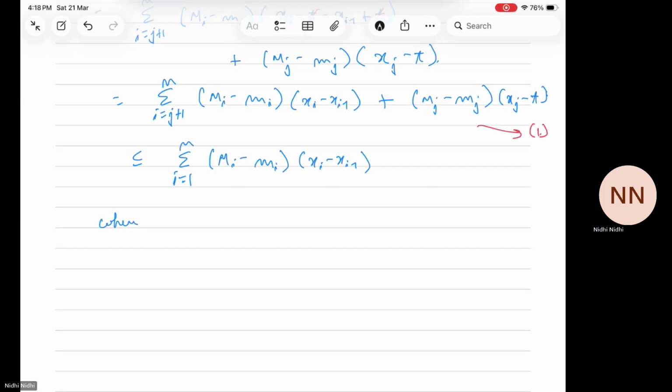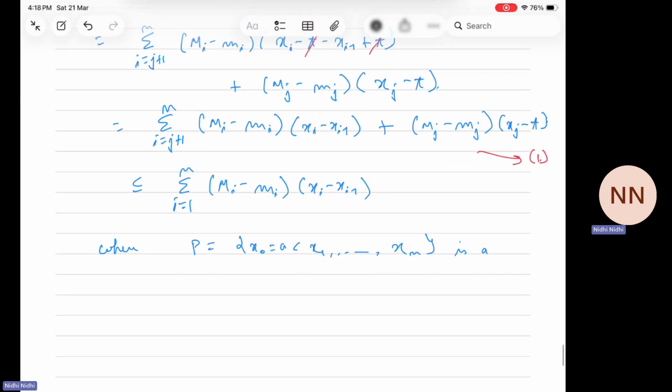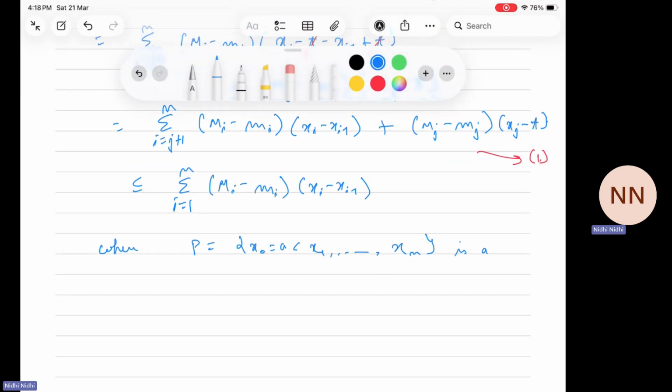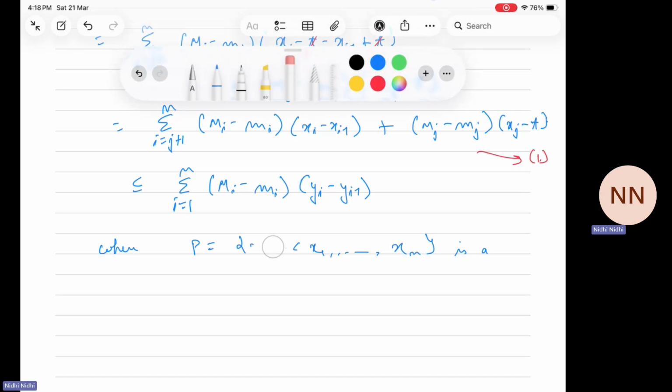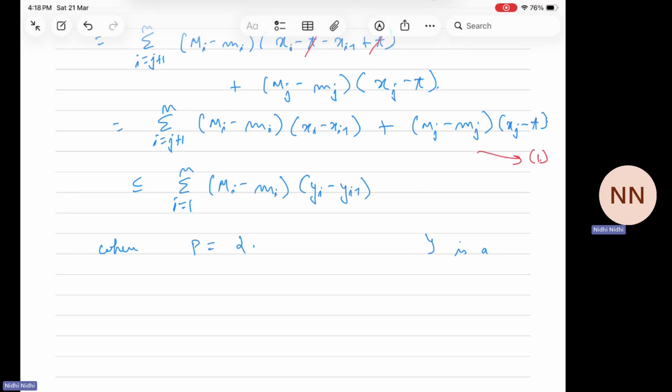Where P equals x_0 equals a, x_1 up till x_n, or instead I should write this to be P bar. This is some other new partition which is equal to the previous one for some terms.